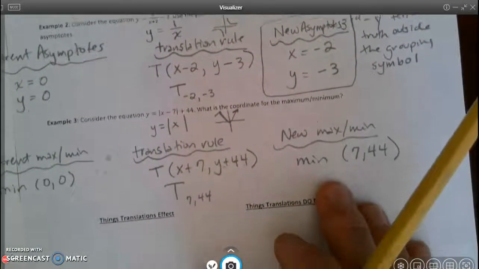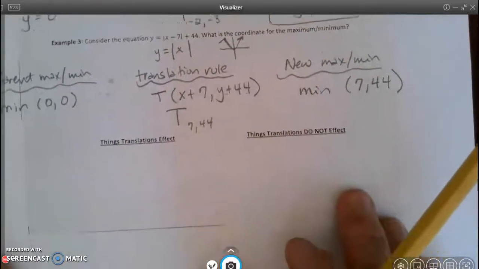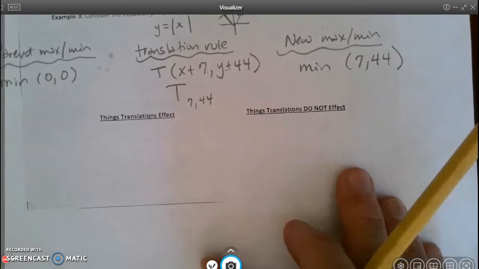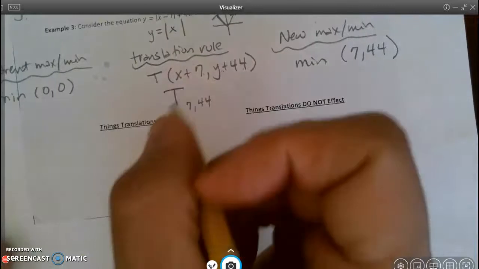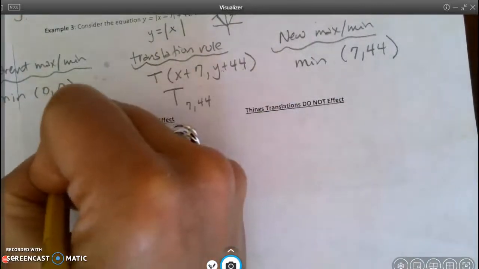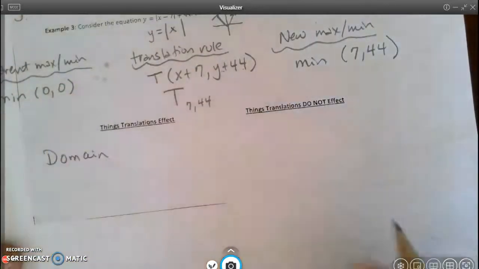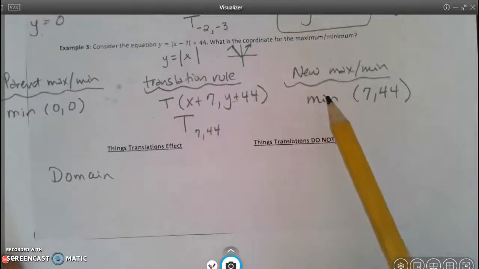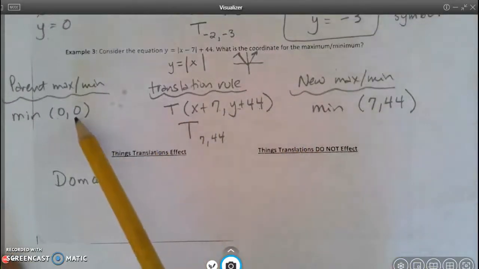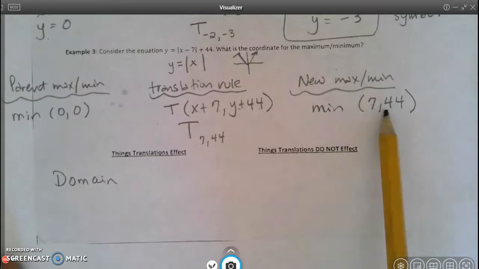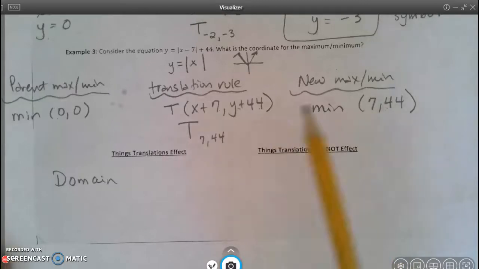All right, so let's talk a little bit about things that translations affect and things they do not affect. The translations affect the domain. For instance, in absolute value, when the minimum value moves from 0, 0 to 7, 44, that's going to affect potentially the domain. It could change what x or y can equal.